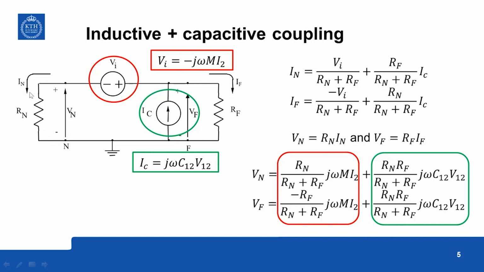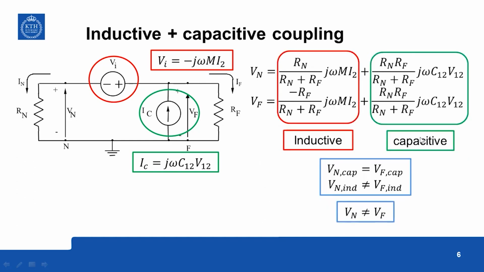Remember that near end and far end are in relation to where the source is in the original circuit. Because we drew the source in the near end, that is the near end, the other one is the far end.